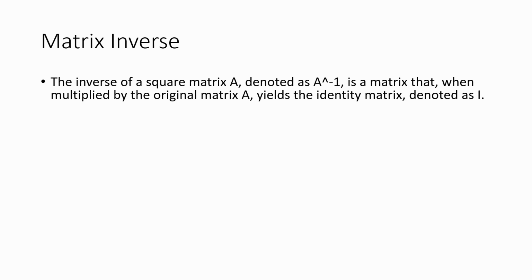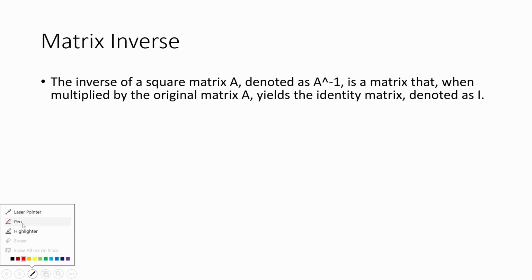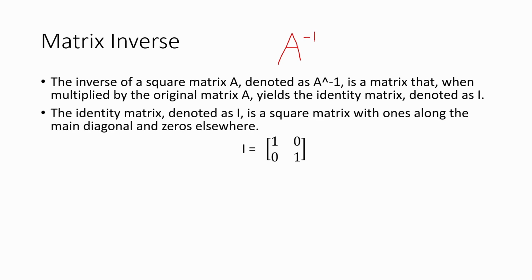Matrix inverse. So the inverse of square matrix A is denoted as A inverse. So it means that matrix A will be like this. Matrix inverse is really related to the identity matrix. This one is the 2 by 2 identity matrix.